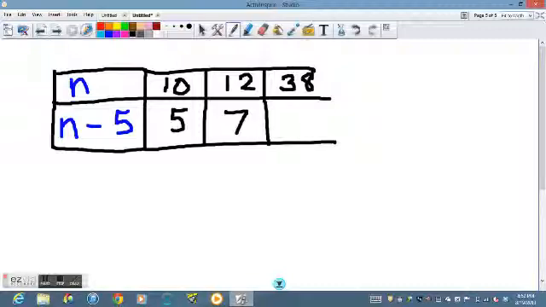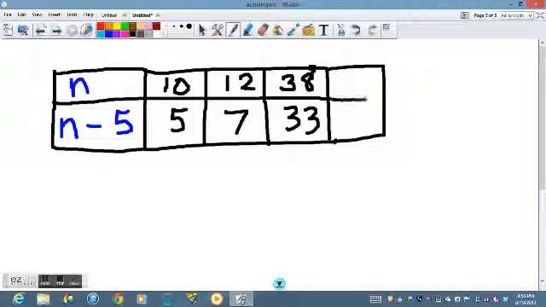Alright, so what if my n is 38? What number is going to go underneath? Well, if my n is 38, then the number underneath will be n minus 5, 38 minus 5, which is 33. And just one more. What if my n is 100? Then the number at the bottom will be 100 minus 5, which is 95.